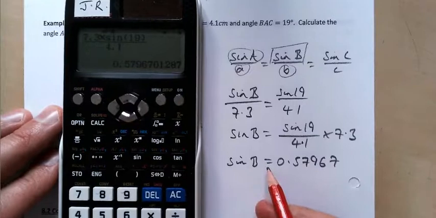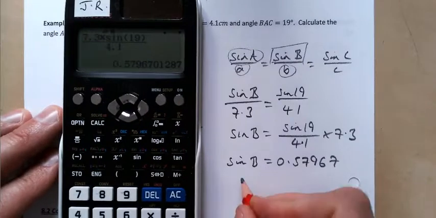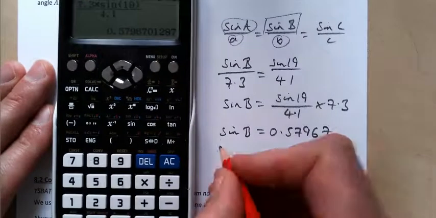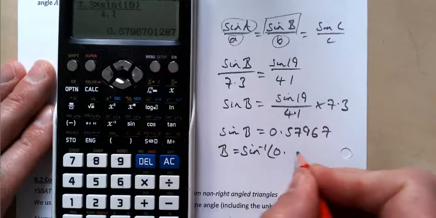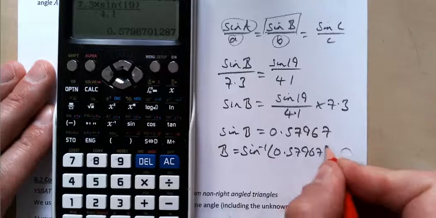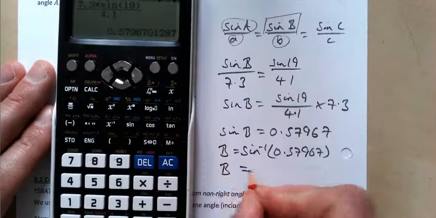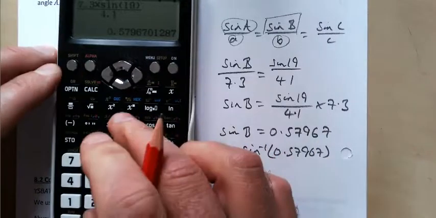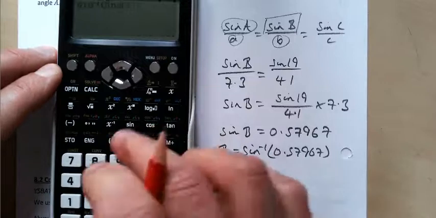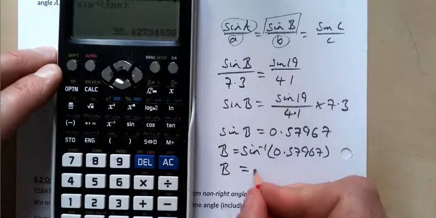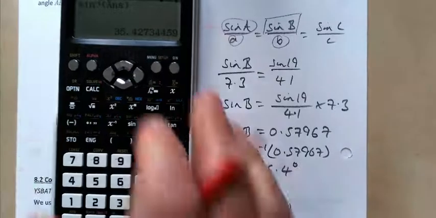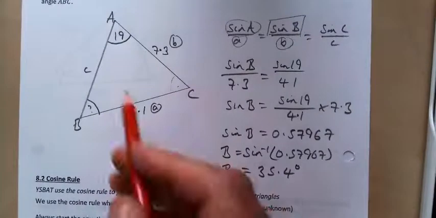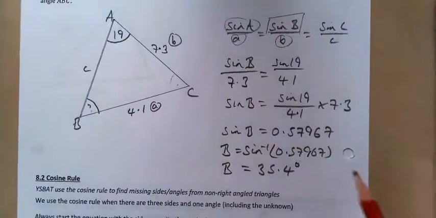I then want sine to the minus 1 of that. So B is sine to the minus 1 of 0.57967, and B equals, if I go shift sine of the answer, 35.4 degrees. So that was an example of finding the angle using the sine rule. The previous example was finding a side using the sine rule.